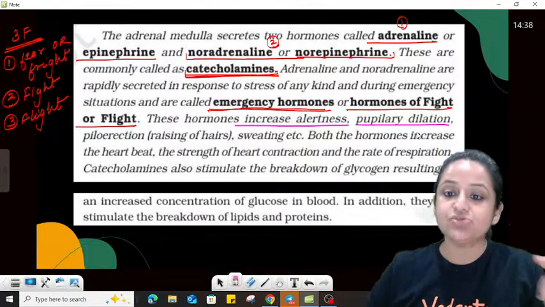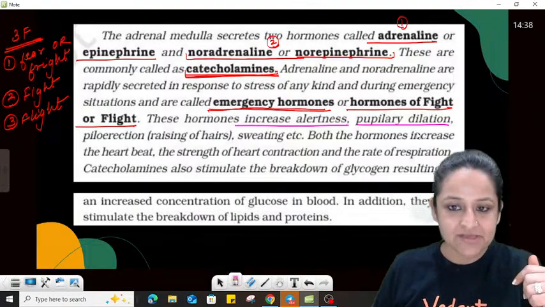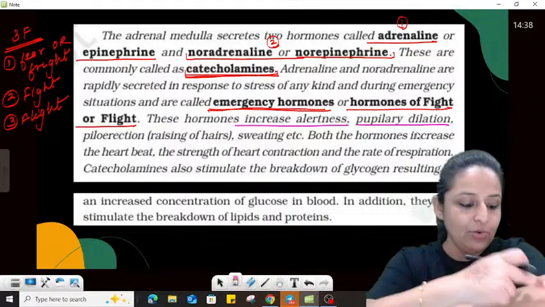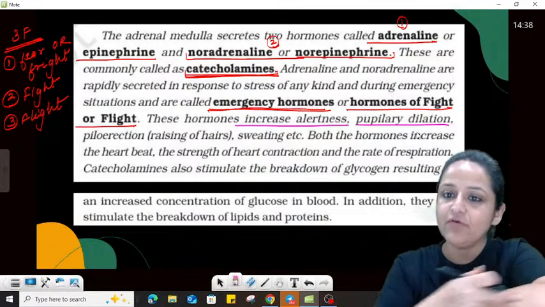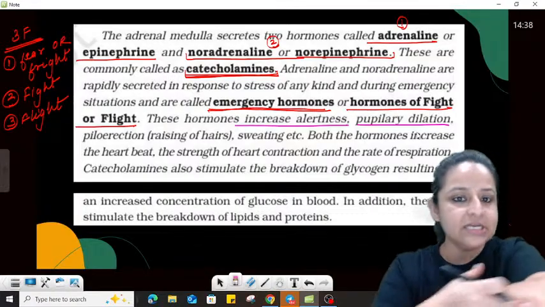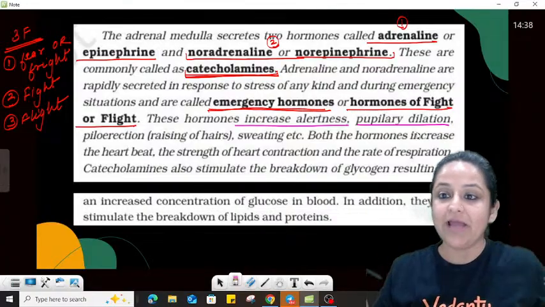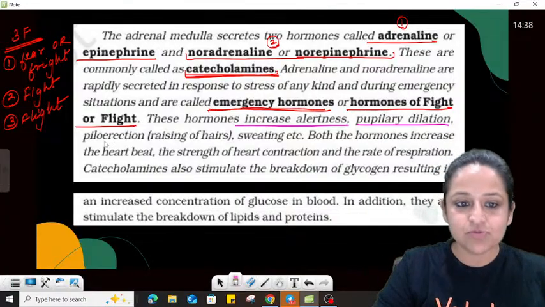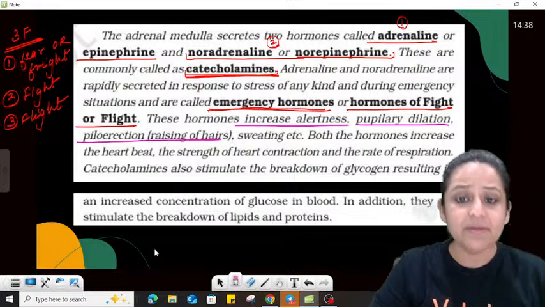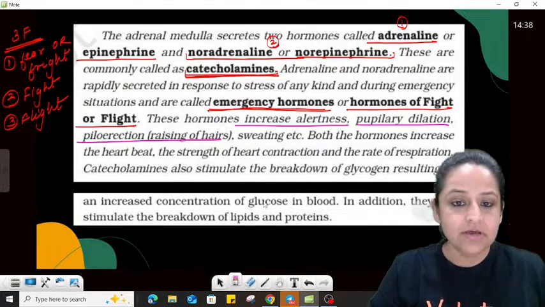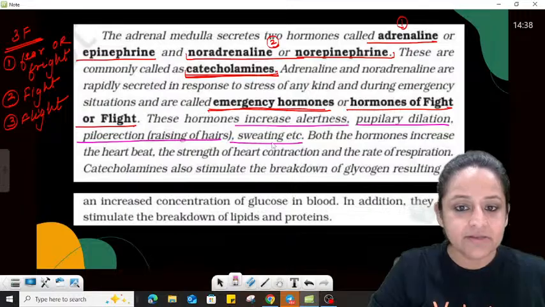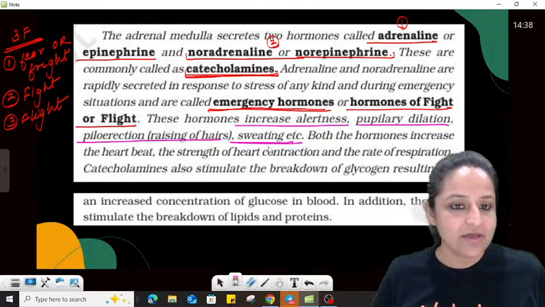That is called pupillary dilation. Number three, piloerection: because the sensitivity and alertness of the body is increasing, goosebumps will also be seen. Because of more energy production, there will be higher temperature in the body, so sweating will also be there.